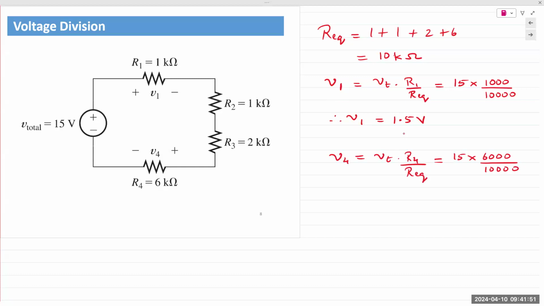How much? Anyone? And then the same way you can find V3.